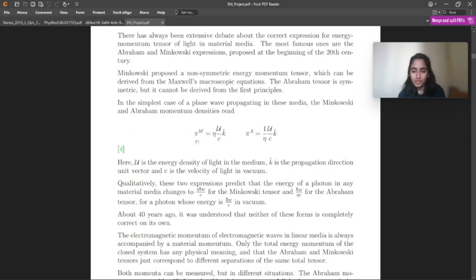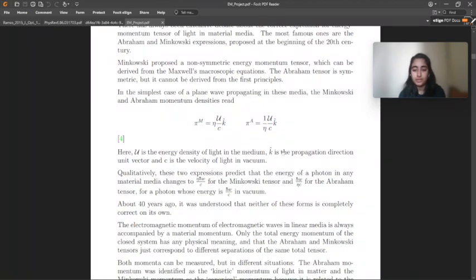In the most simple case of a plane wave, your Abraham and Minkowski tensors are given here, and qualitatively we see that there is a difference between the energy when you describe your energy momentum tensor using the Abraham tensor, or when you describe it using the Minkowski tensor.